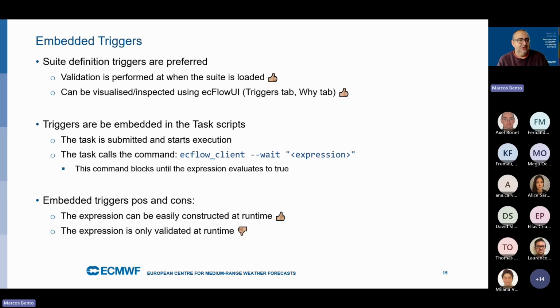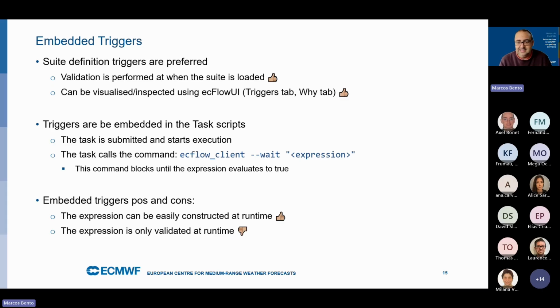The embedded triggers have pros and cons. One of the pros is that you can construct the expression at runtime. So the task itself can say, oh, am I holding on the event of A or on the event of B? You can basically manipulate the expression at runtime.